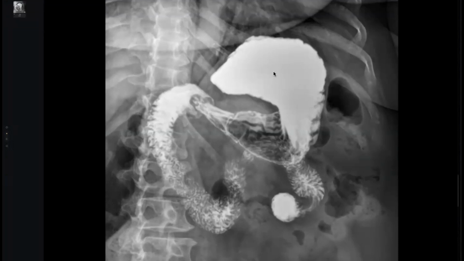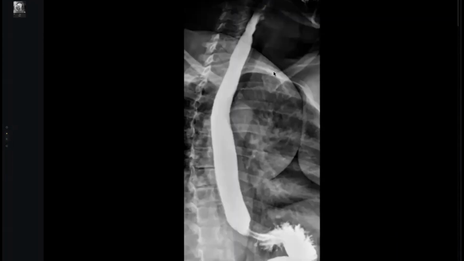By the way, if you have a pediatric case, don't tell the examiner this is a barium study, because we almost never give barium in pediatrics. We give some water-soluble contrast. Tell the examiner this is a contrast swallow.